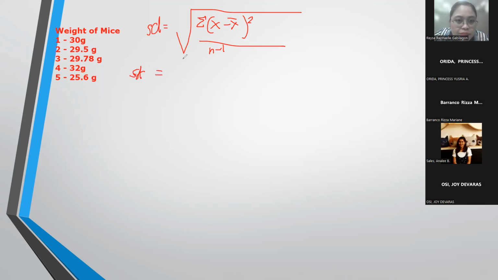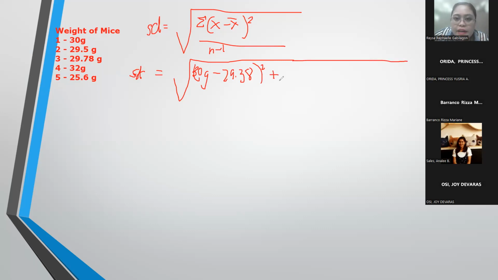So SD is the square root of, we will do it one by one, starting with the 30 grams. I hope you did this in your papers. And then, what was our mean again? Let's just use 29.38. This is squared here. And then since this is summation, let's add everything. We have to do everything.